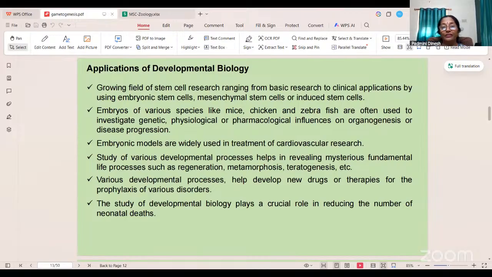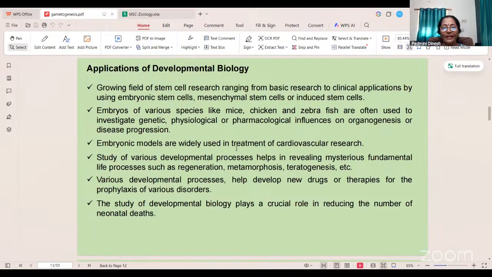You can also test, if you're preparing some new drugs, by using them on the stem cells, the embryonic cells, so that you want to know what effect they will have on adults, by using mice, chicken, and zebrafish. Why mice, chicken, and zebrafish? All these mimic a little bit of the human genome also. So that is the reason why we use mice, chicken, and zebrafish embryos for these various experiments.